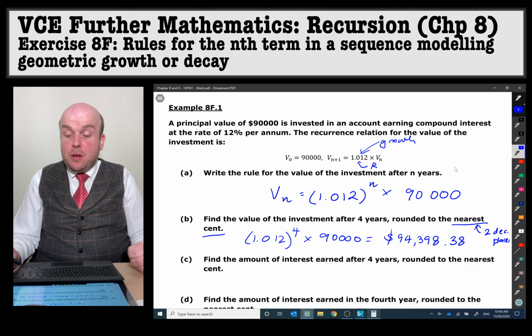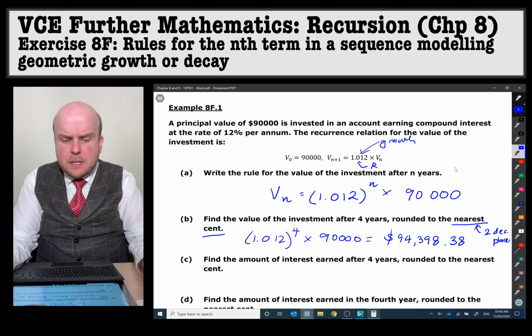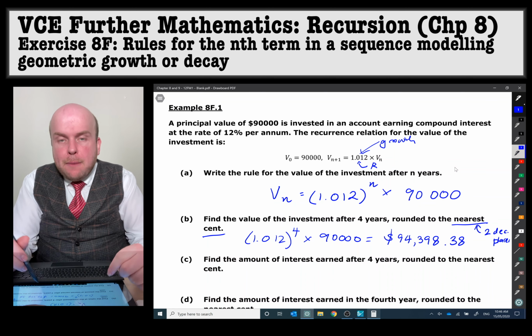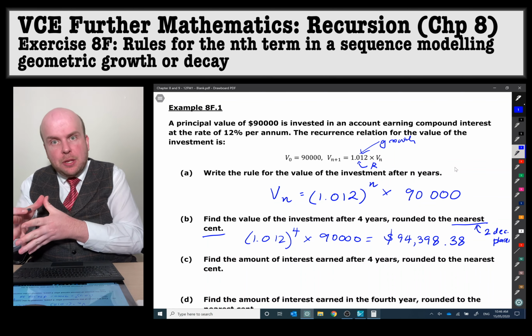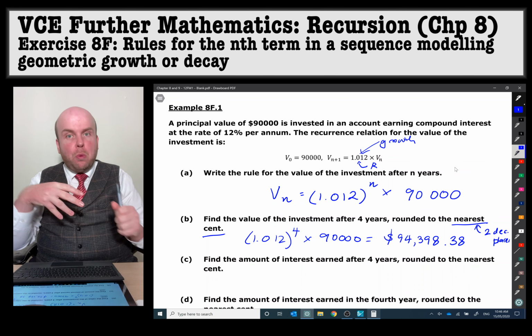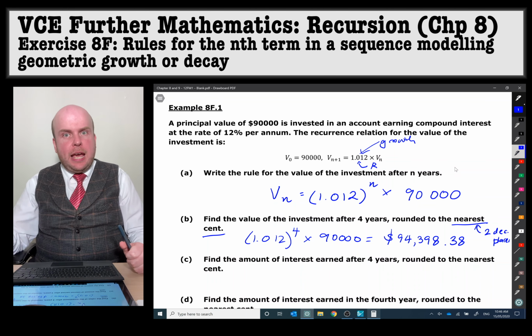Find the amount of interest earned after 4 years rounded to the nearest cent. Now you might be thinking, is that the exact same question as part B? No. Part B is telling me my total value after 4 years. Part C is asking for just the interest. So what was the extra fee being added onto it?